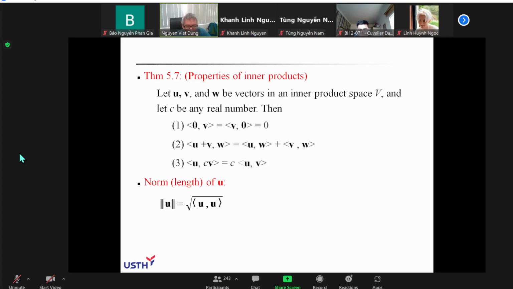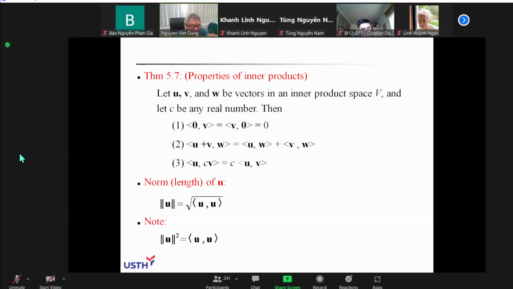Whenever you have an inner product, you can define the length of any vector. The length of a vector U is defined to be the square root of the inner product of U and U. And because of axiom number 4, the formula under the square root is non-negative, so it makes sense to define it like that.